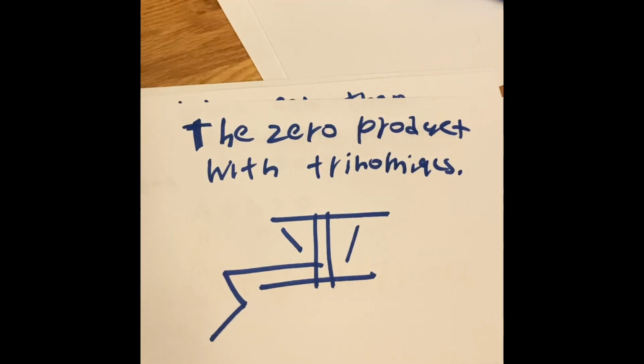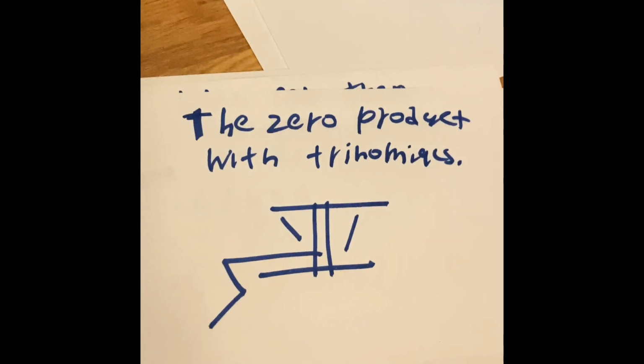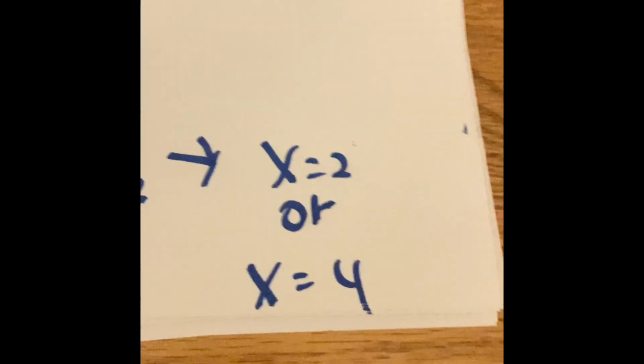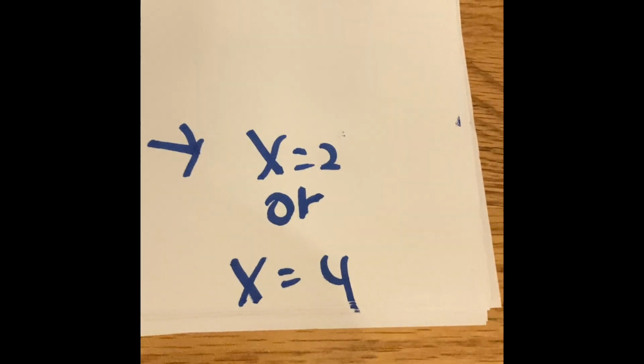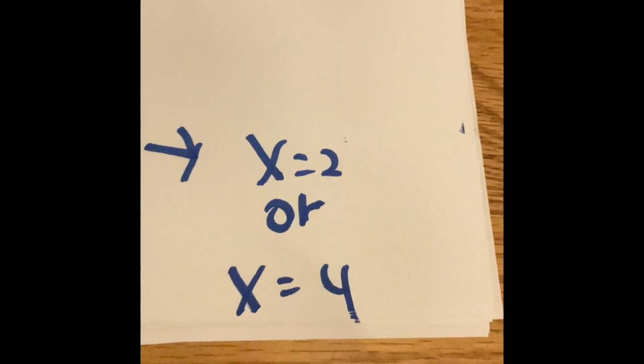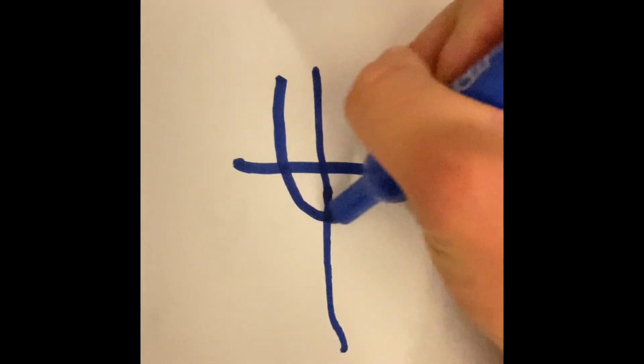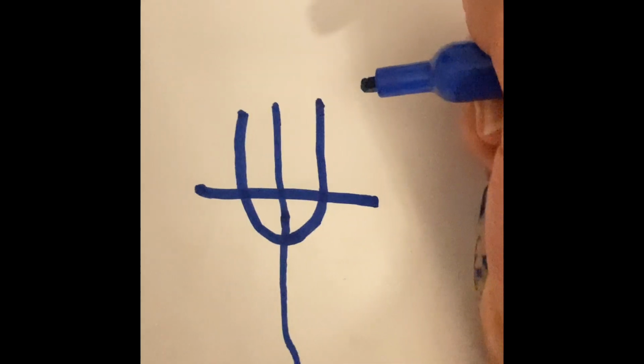There's actually one more reason why we use the zero product when we try to find the two numbers. In the last video, when we were talking about parabolas, we saw that a parabola is able to have two x-intercepts.